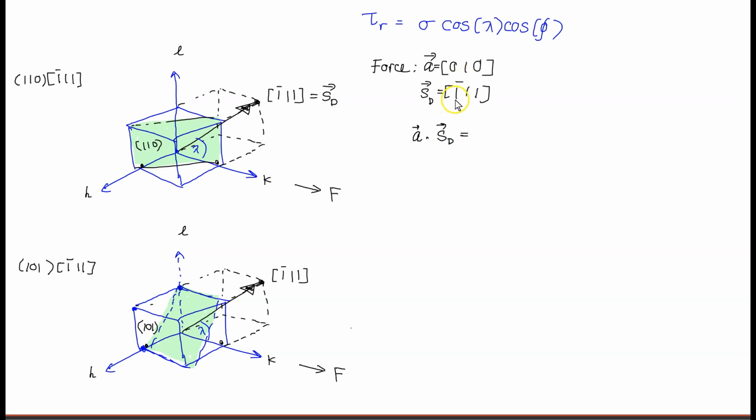in this case that's going to equal 0 times 1 bar, which is 0, plus 1 times 1 is 1, plus 0 times 1. This equals 1. Okay, now we know that this is equal to the size of A times the size of S sub D times the cosine of the angle between them.